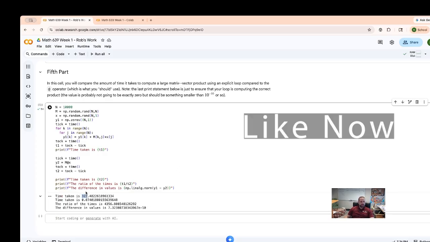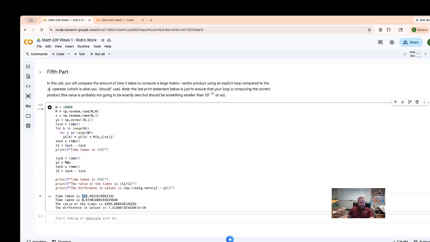This is the total seconds to do our algorithm, and this is the time taken using the @ algorithm here. Now, if we think about this, it's a 10,000 by 10,000 matrix, and we can see how long it's taken to do this. We will see in practice matrices that are this big, and with iterative methods, we are doing these matrix vector multiplications over and over and over again, sometimes thousands of times.